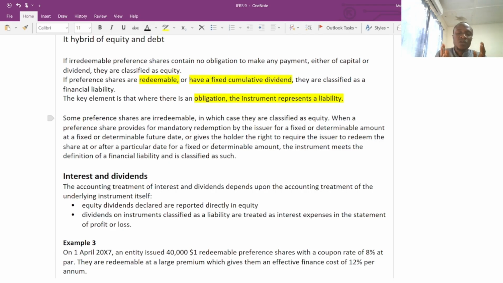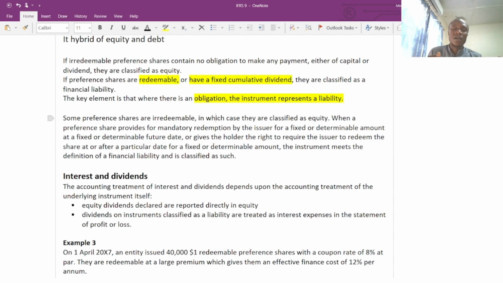So basically, we need to look at whether the share agreement contains the right to mandatory redemption, or a fixed cumulative dividend payment system.